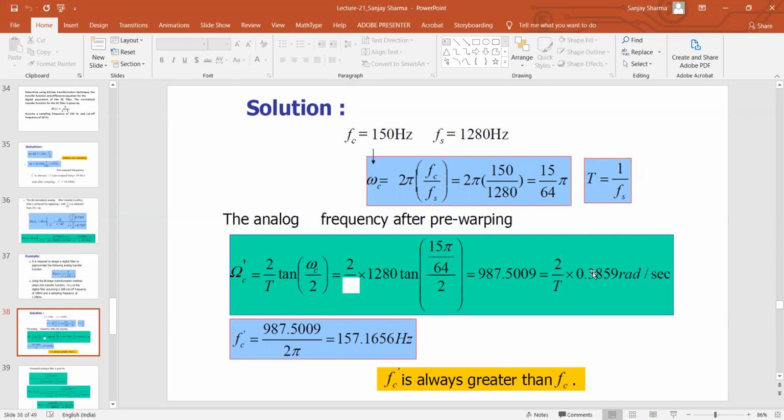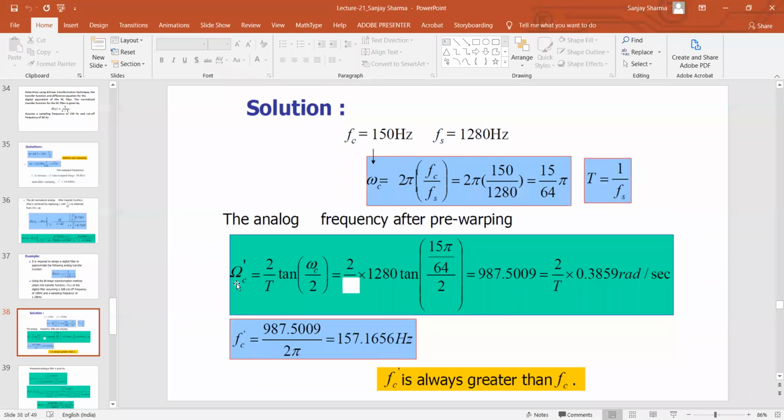From here I can get fc dash also. So this is a good example. You can use this example to solve the previous example also. Fc dash is always greater than fc. Fc is the original cutoff frequency, and fc dash is the compensated one that we have applied, so fc dash will always be greater than fc.